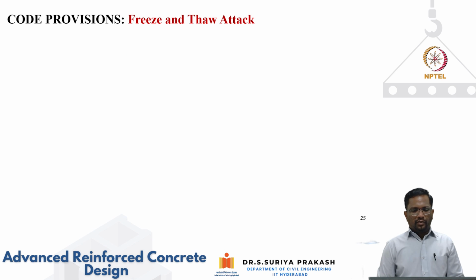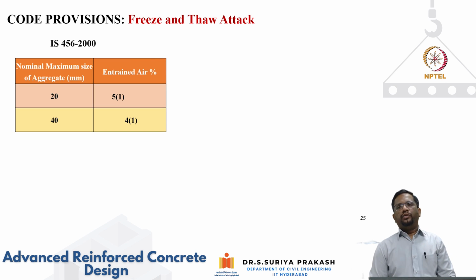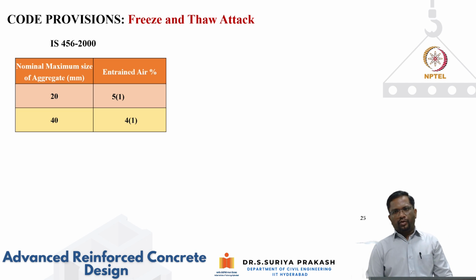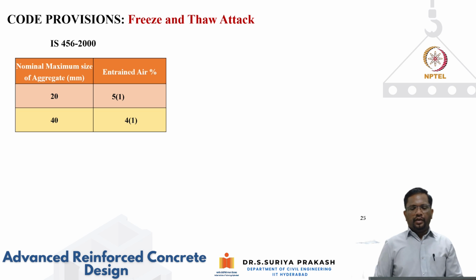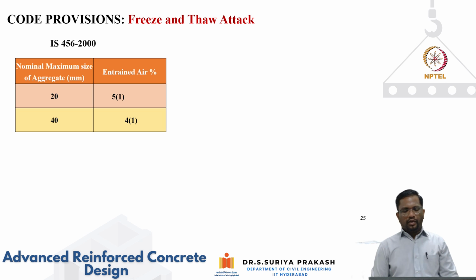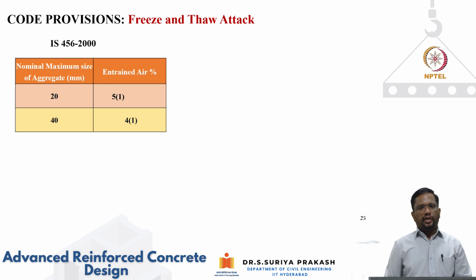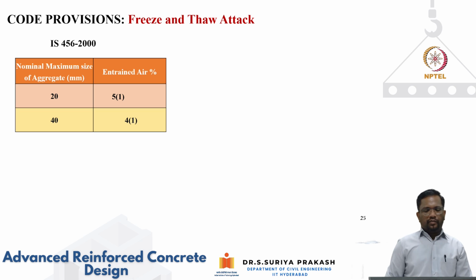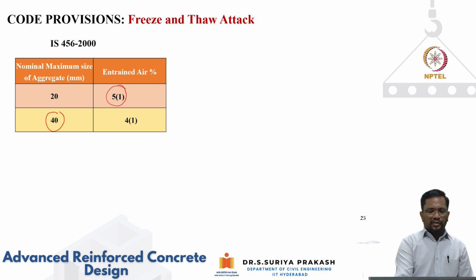Okay, so now let's see how the code addresses freeze and thaw. We have seen in the deterioration mechanism that one way to tackle freeze and thaw is by using air entrainment, and up to 4 to 5% of air can be entrained in the concrete while mixing itself. When you have 20 mm size aggregate, you can go up to 5% of air entrainment, and when you have 40 mm size aggregate, you can limit it to 4%.